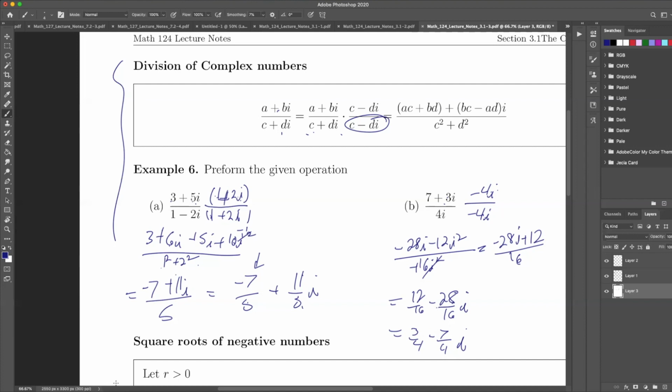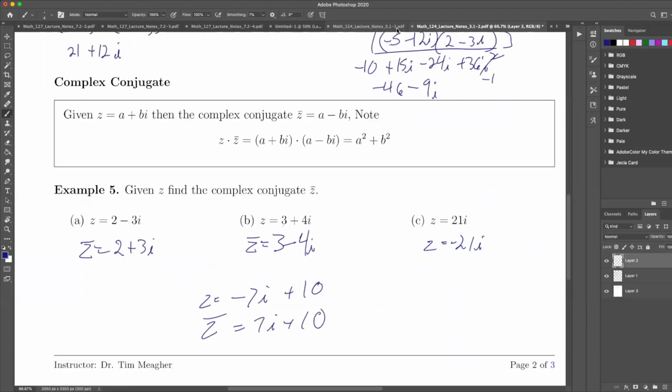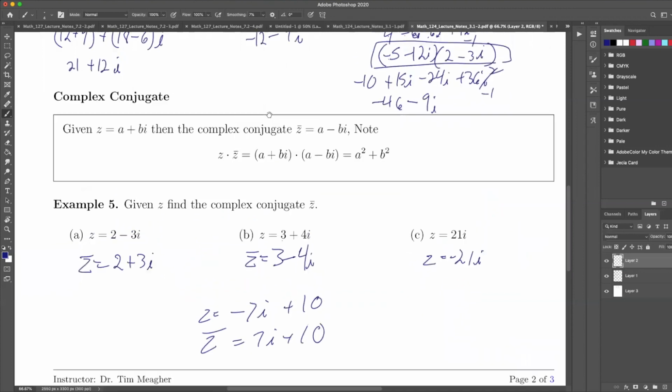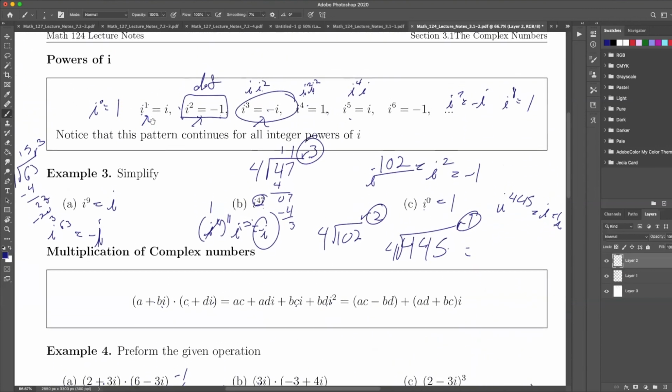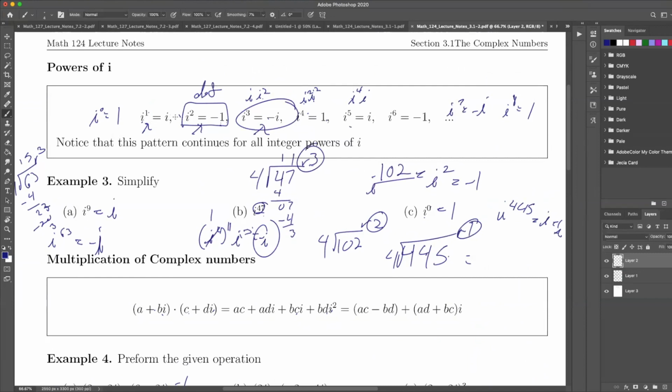In my mind, the best way to handle complex numbers is treat i as a variable and then use this right here. If it's i, just leave it as i. If it's i squared, just convert it to a minus 1 and so forth. So just treat it as a variable and kind of live life that way for now.